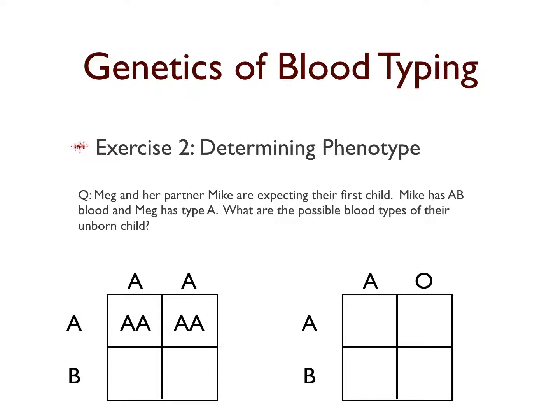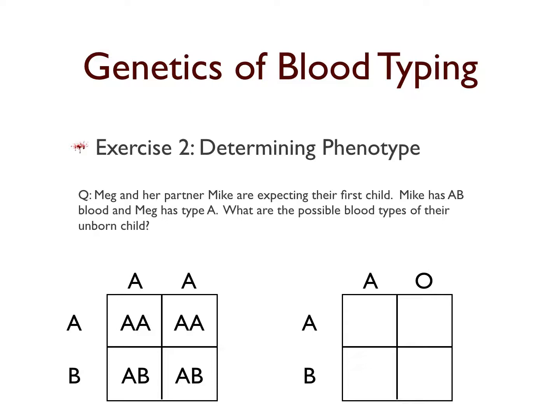In the third square, we have A times B, giving us genotype AB. And in our final square, we also have A times B, giving us AB. So assuming that Meg's genotype is AA, their unborn child could have two possible blood types, A or AB.